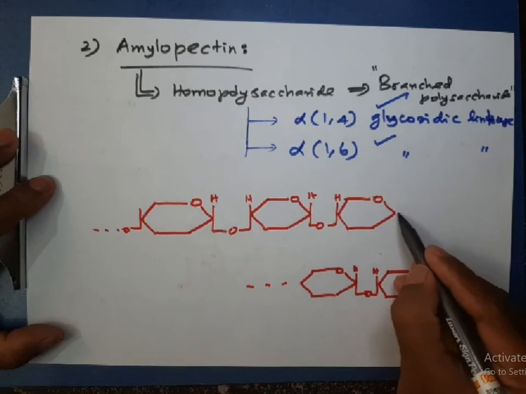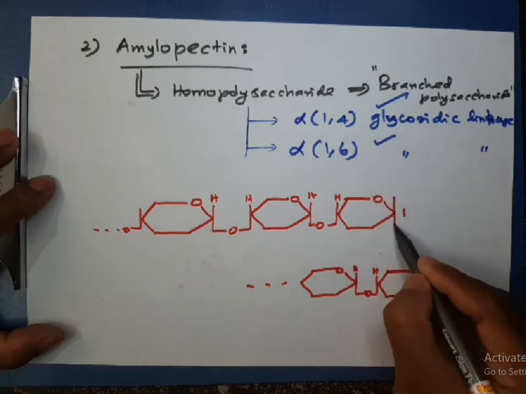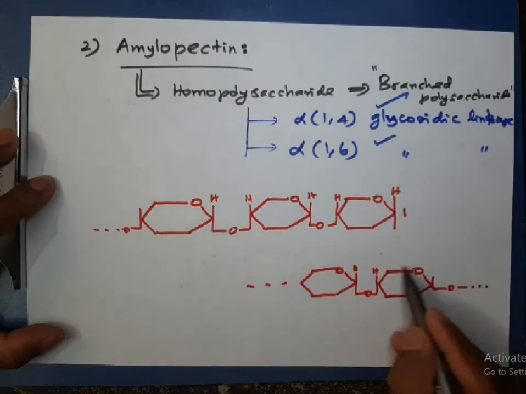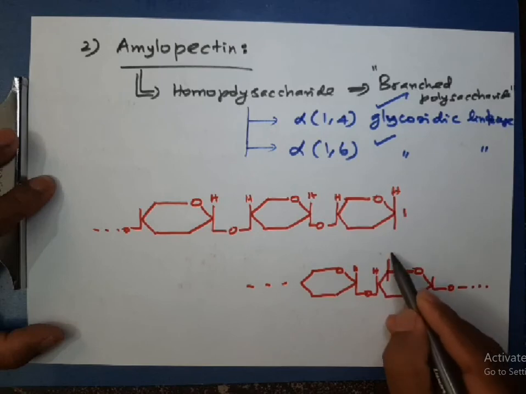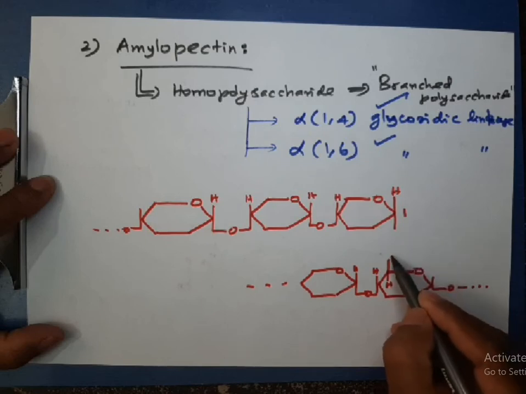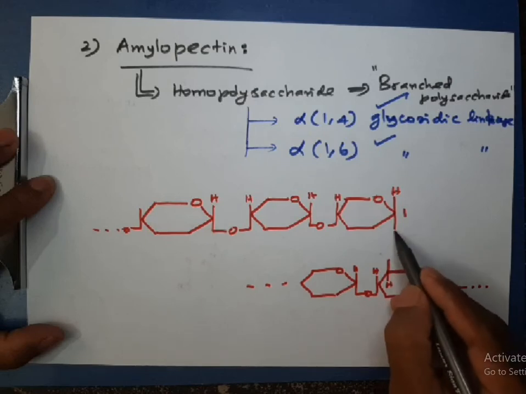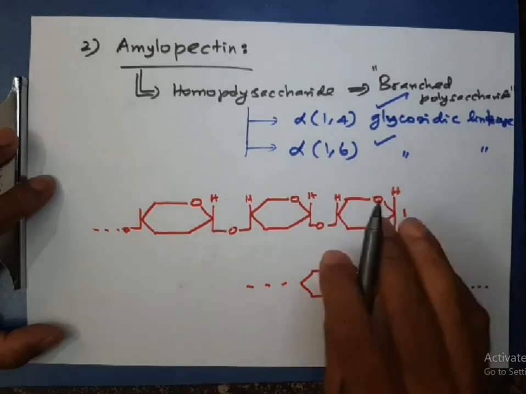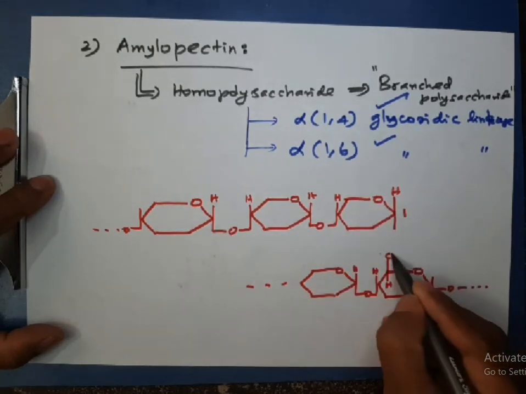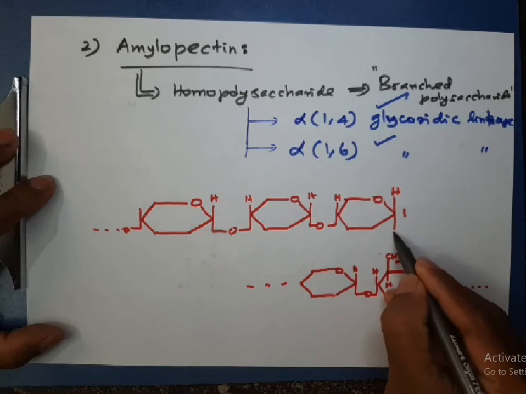Now this is carbon 1. Listen, carbon 1, and in this glucose unit this is carbon number 6. Here we have hydrogen, this is carbon number 6. On this carbon we have CH2OH, and on the other carbon we have OH. The two OH groups eliminate a water molecule and connect through oxygen.